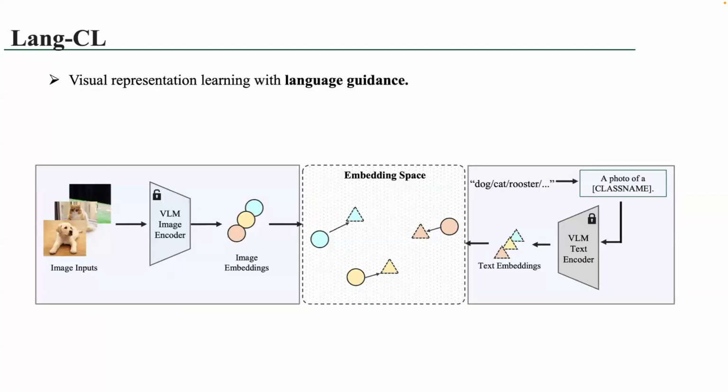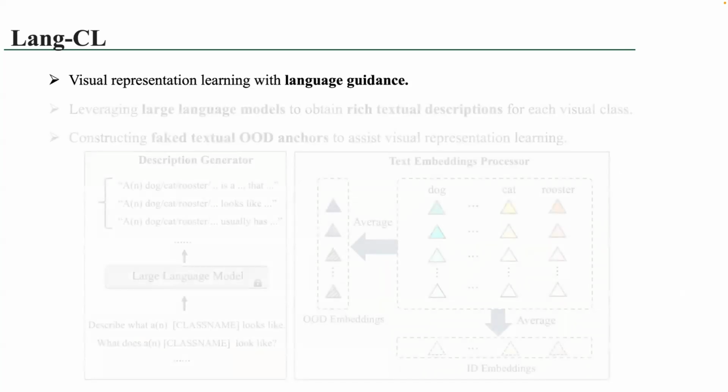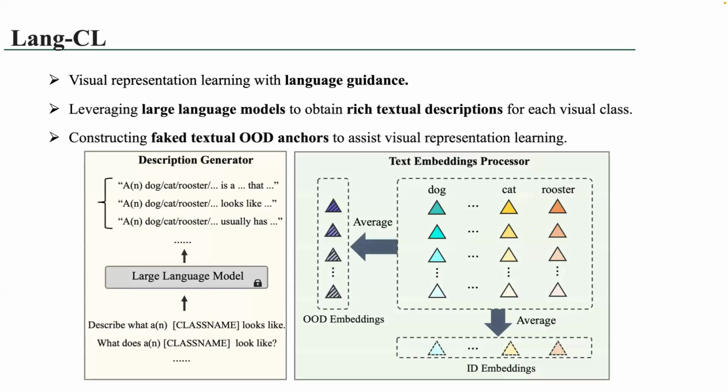We use the image-text alignment to enable language guidance learning of the vision representation. Then we use large language models to generate rich text descriptions for each vision class and construct fixed text OOD anchors to assist vision representation learning.